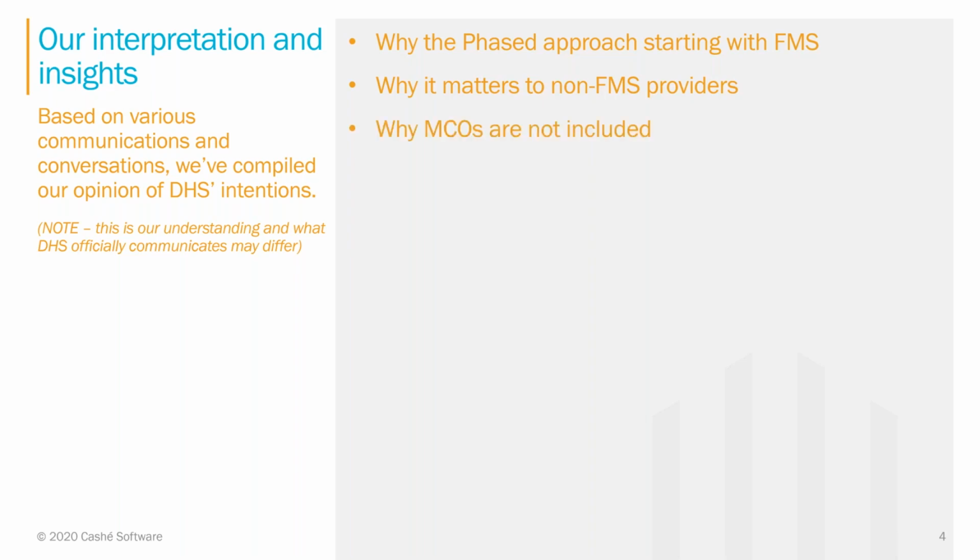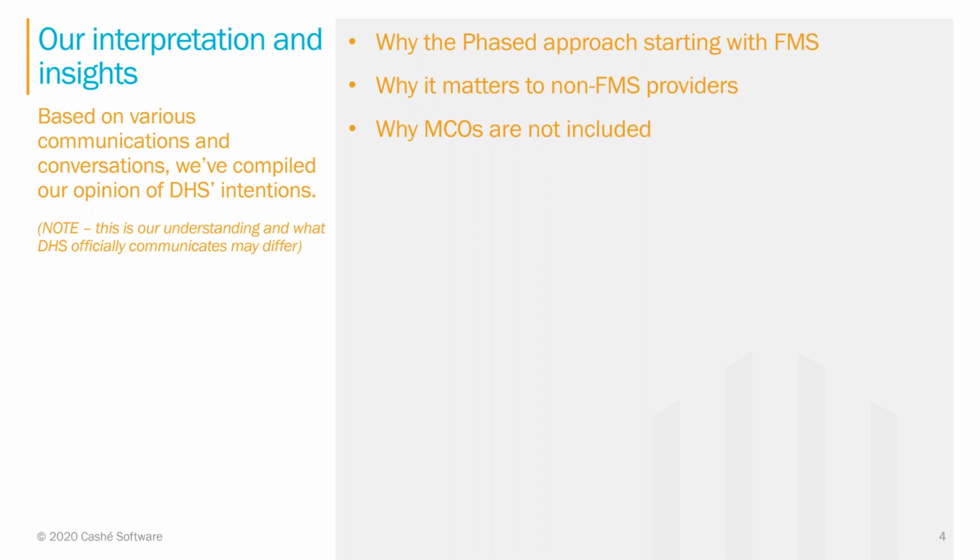Why are MCOs not included? Our interpretation and understanding is that when you send claims to, say, Blue Cross or Health Partners, that claim data is with that particular MCO. Now, HHA has to build integrations with those MCOs, pull all that claim data in, and make it available so that they can compare the EVV data with the MCO's claim data to then do some validation.